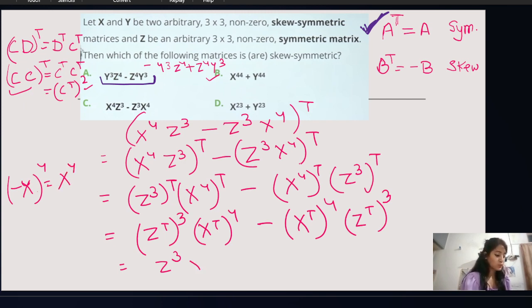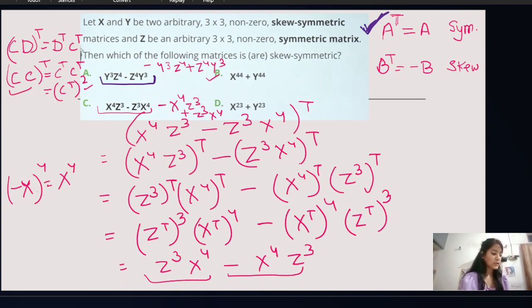So we can write X^4 here and Z^3. So you can see the negative of this matrix will be Z^4 X^4 Z^3 and plus Z^3 X^4. This is the negative of the original matrix, so we are getting the negative of this, and this is the plus. So we can say this is the skew symmetric matrix, because we are getting the negative of this matrix.